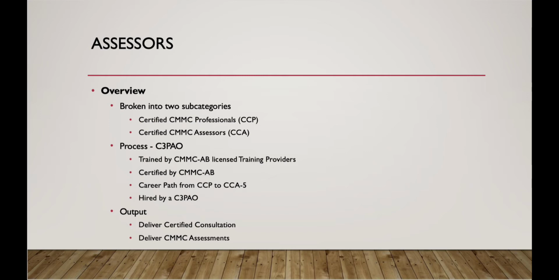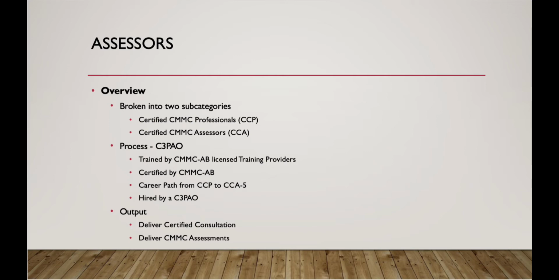Now the process is, again, the C3PAO will be trained by the CMMC licensed training providers, and we'll see that in a little bit. And they will be certified by the CMMC AB. So you've got your C3PAO, you've got your CMMC AB, and then those inside that C3PAO will be individuals who are professionals and assessors. And those assessors will range from level 1 to level 5.